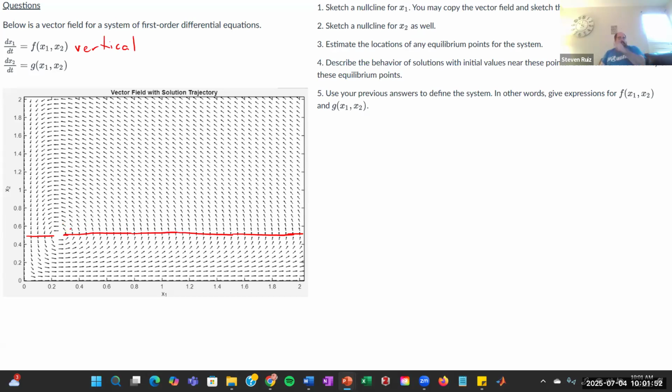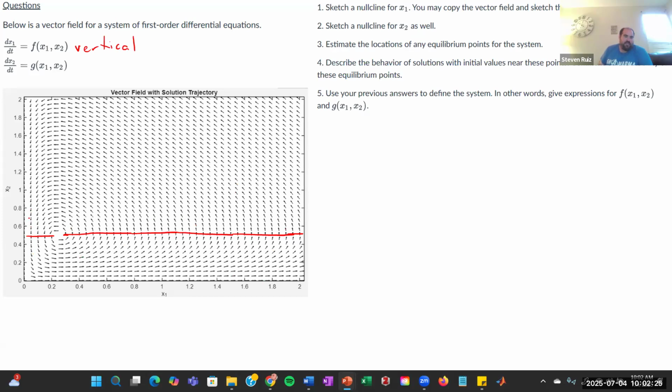I'll stop right there, because as we get closer and closer to whatever this point is, I don't have any kind of behavior. I don't have any slope field there. So do I see any other vertical slopes? If we look a little bit to the left of this white space right here, it's hard for me to say that this vertical space is a null line.